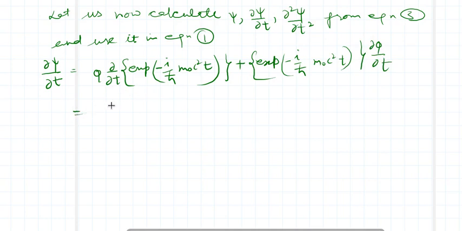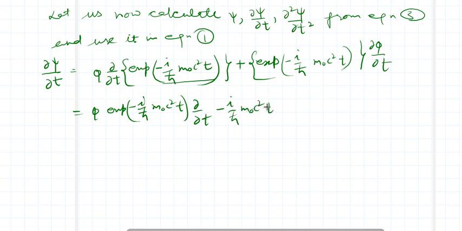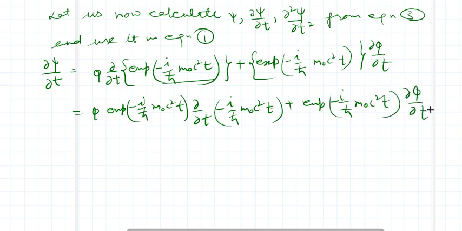So if we calculate its derivative, it can be written as phi times exponential of minus iota over h cross m naught c square t, then its derivative again, and its derivative is minus iota over h cross m naught c square, plus the exponential term and ∂phi/∂t.